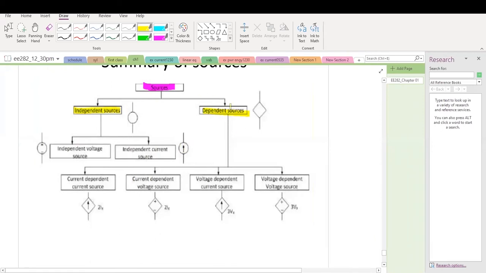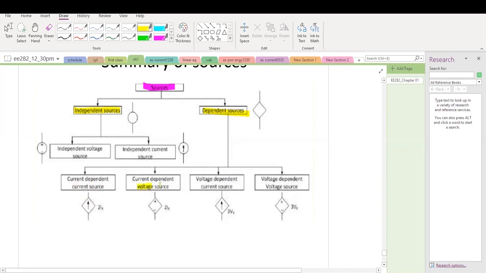For dependent sources, we have 4 types. The current controlled current source means that the controlling parameter is current, and the source is a current source.